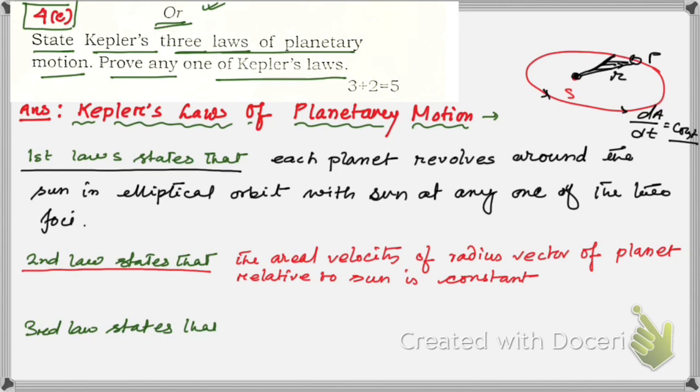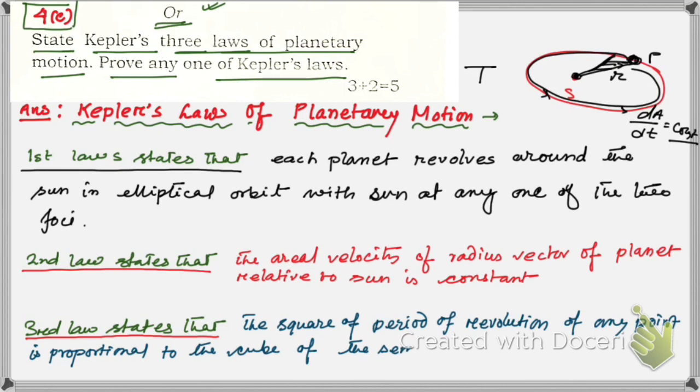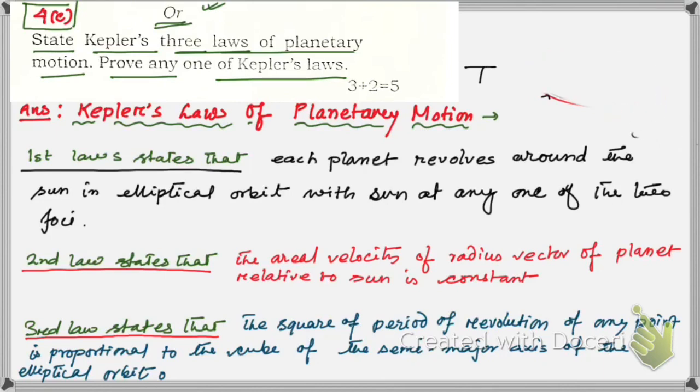Now the third law states that the square of the period of revolution, that means if the planet completes one revolution in time capital T, then this is proportional to the cube of the semi-major axis of the ellipse. So let me clean this one.